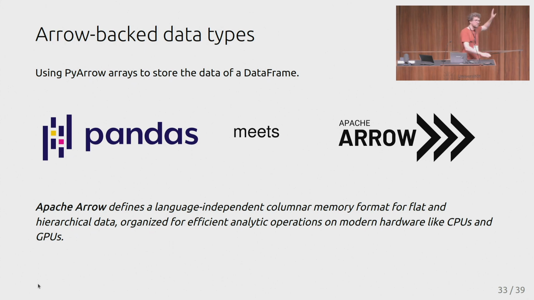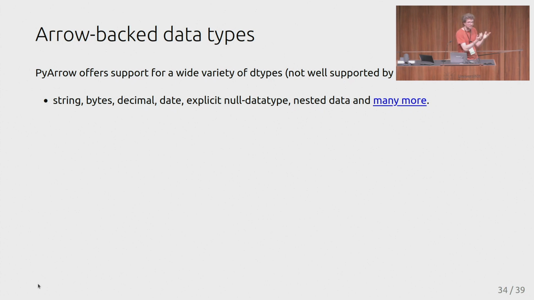But in addition to the string data type that I showed and some of the I/O methods, another thing that Arrow can mean for Pandas in the longer term is that it supports a whole variety of other data types, especially some additional data types that are interesting for Pandas because they are currently not really supported. String I already mentioned, but also bytes, decimals, dates, nested data, like struct data, list data.